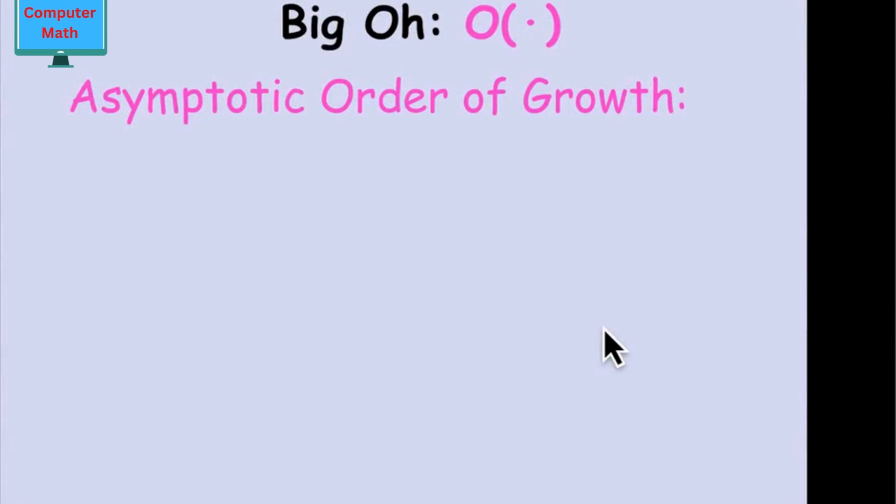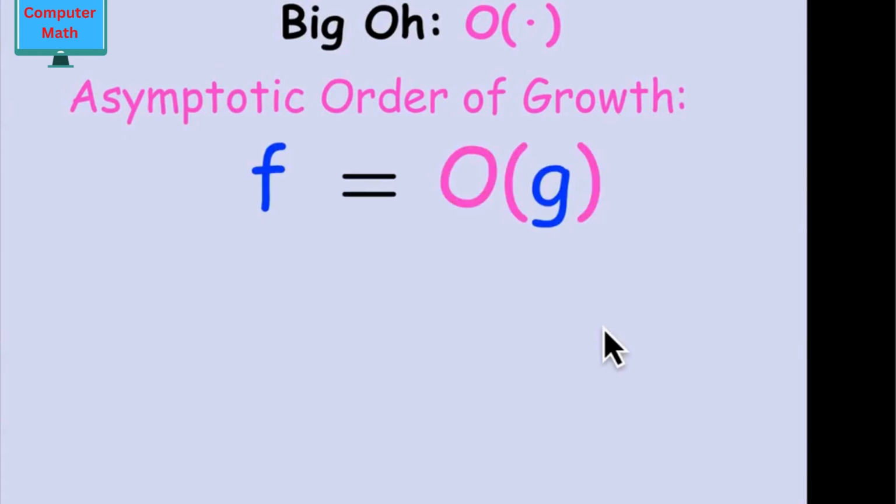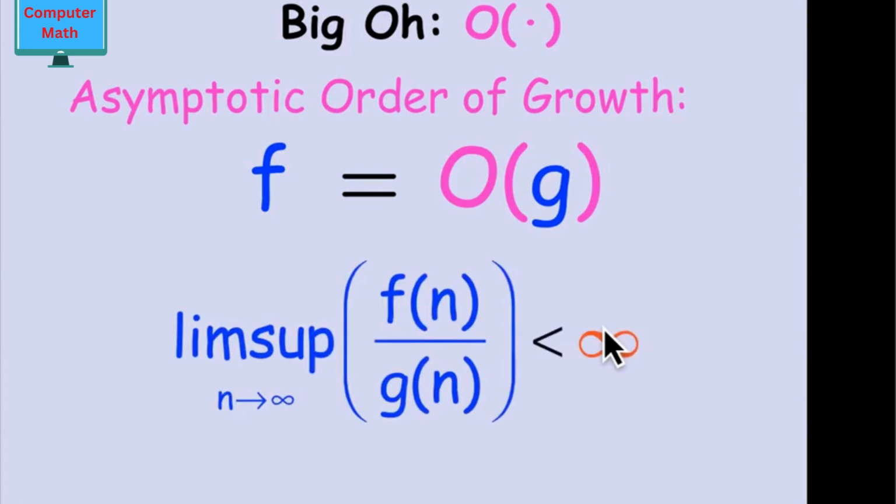The third asymptotic relation is the most complicated of the three, although it's arguably the most important in computer science. It's called the asymptotic order of growth, big O, and the definition is that a function f is big O of a function g. What it means is that the limit of f over g is finite. It might be other than 0 or 1, but it's finite.